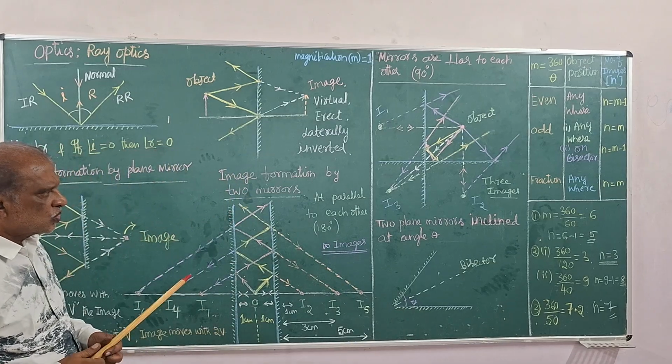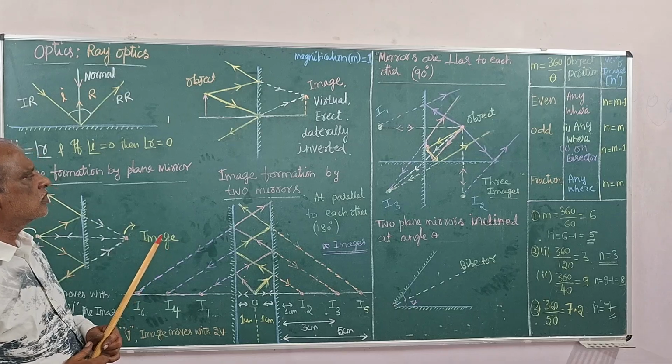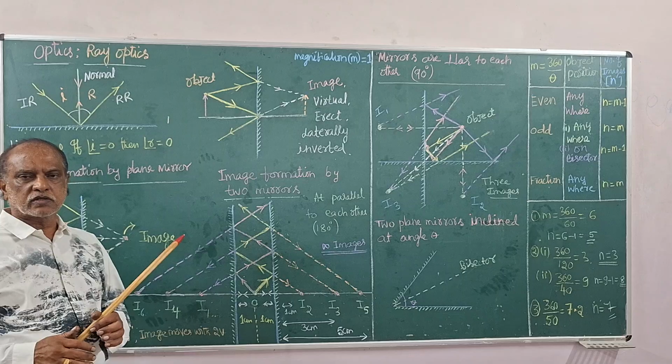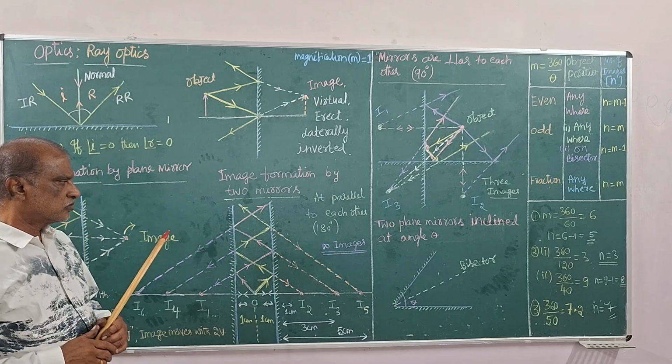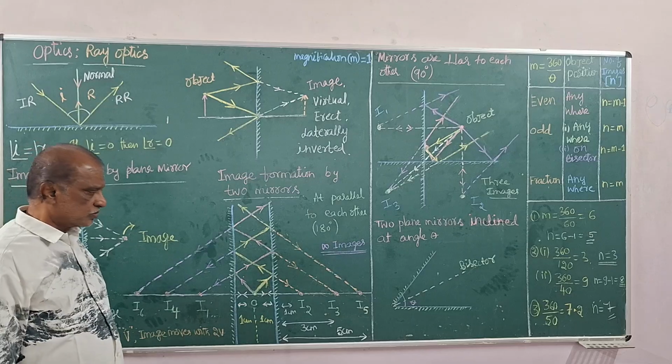If we take any two plane mirrors like this, what about the images? They produce a number of images, not one image, many images.